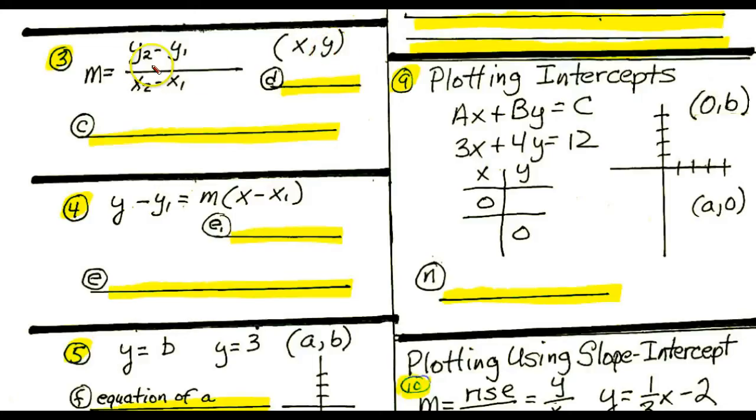And then later we're going to look at that if you have two sets and one of them are the sub 1s and the other sub 2s, putting it in this arrangement, y sub 2 minus y sub 1 over x sub 2 minus x sub 1, what's the name of this formula? And this one is the slope. And this is an ordered pair.